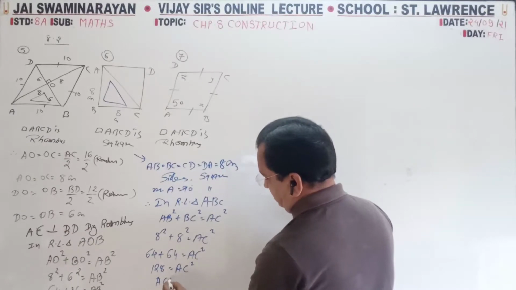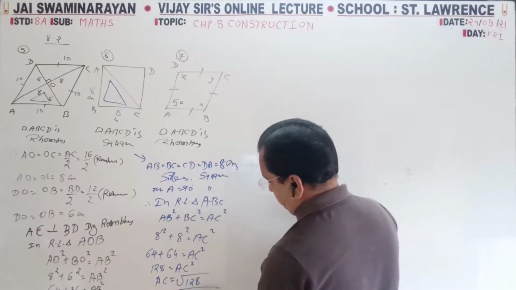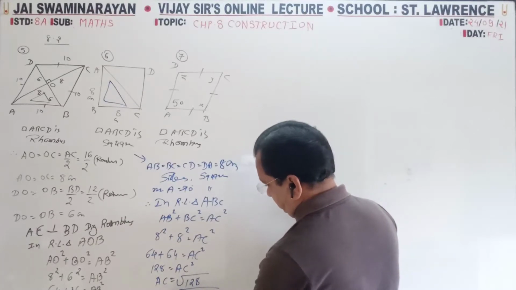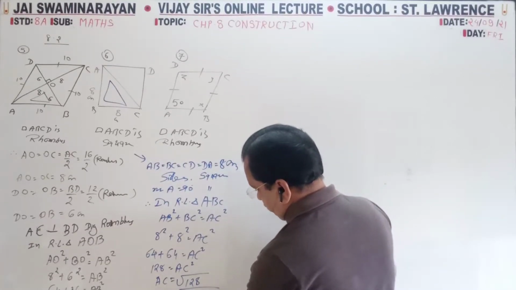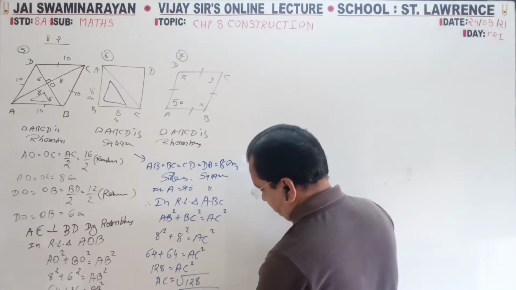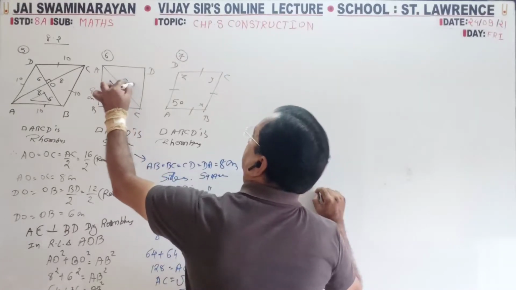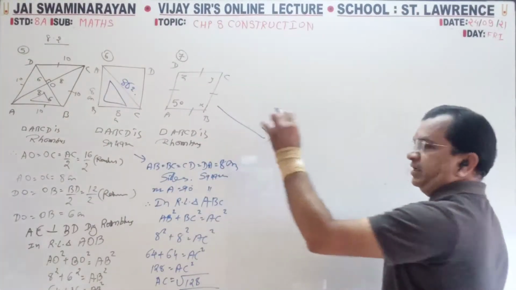So AC is under root 128. It is under root 2 times 64. So this is a perfect square. So this is 8 root 2.